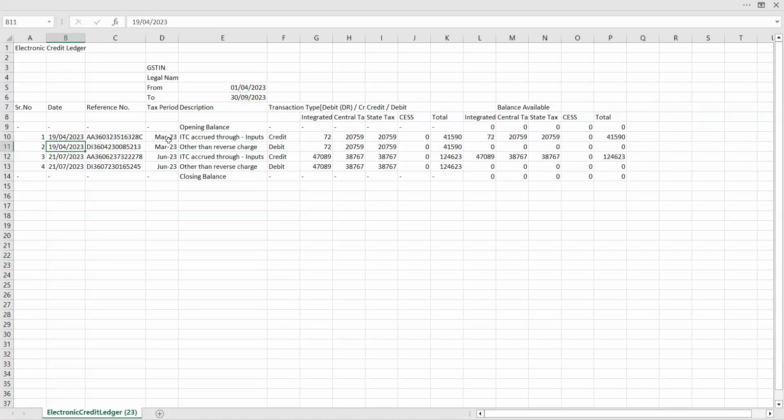But whatever I am claiming on 19th April is the balance of my March 23. Then only I will be able to claim. If I don't have my entry in March 23, how am I claiming now in the month of April? So I can't claim it, right? So my books should match with my ledgers given by the GST portal. Then we can say this is fine.